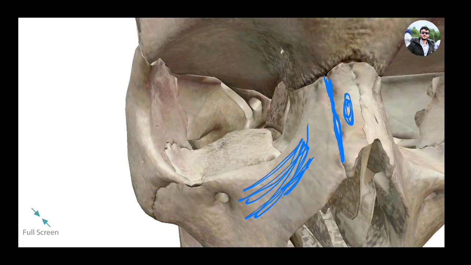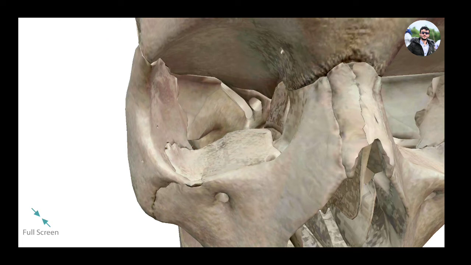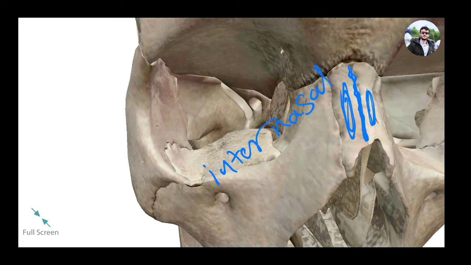And also if we focus here, between the two nasal bones, the right nasal bone and the left nasal bone, there is a suture. We'll name it the internasal suture.